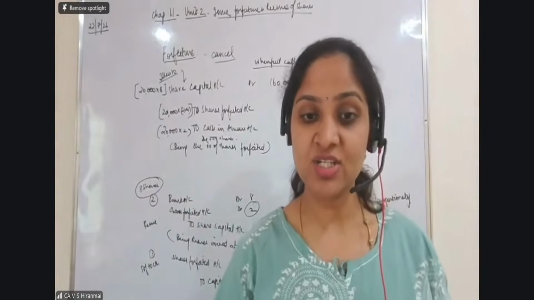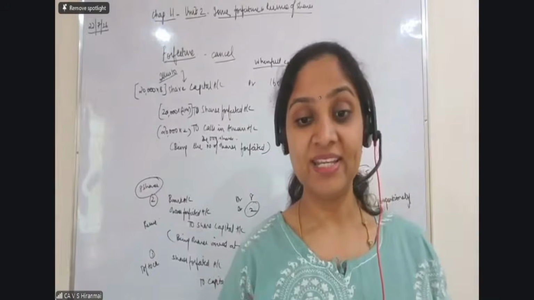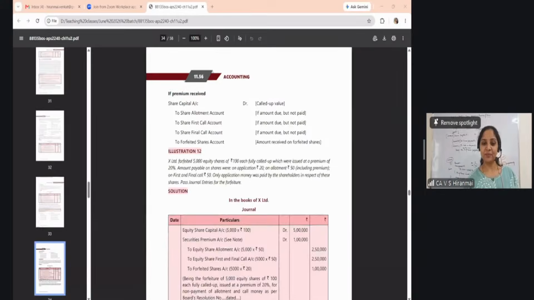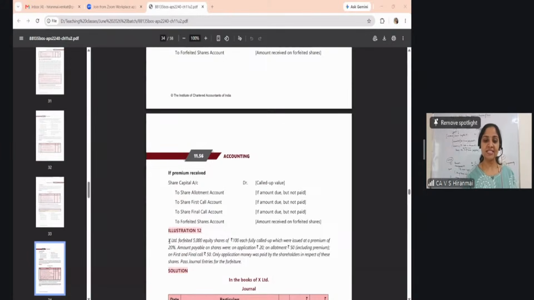Now, illustration number 12. Here, premium is coming in the question. Please see. When premium is coming, what should I do? X Limited forfeited 5,000 equity shares of 100 each, fully called up, which were issued at a premium of 20%. That means 100 rupees into 20%, 20 rupees premium is issued. How is it being payable?